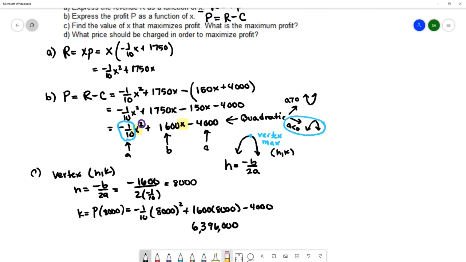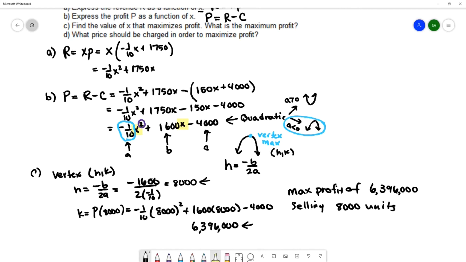So the value of x is 8,000 and the maximum profit is 6,396,000. So we get a max profit of 6,396,000 by selling 8,000 units.